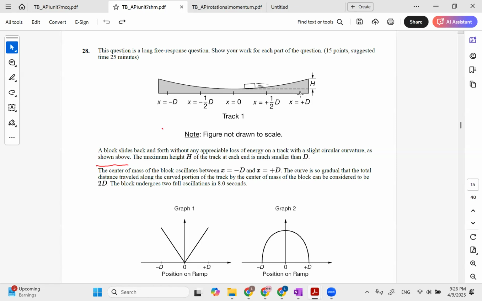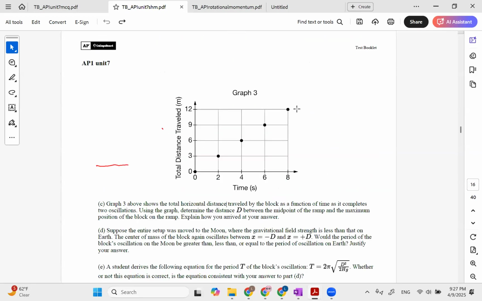If it's one oscillation, it will go through 4D. This is 1D, 2D, half, 3D, 4D. One oscillation is 4D. So two oscillations, two revolutions, will be 8D, right?